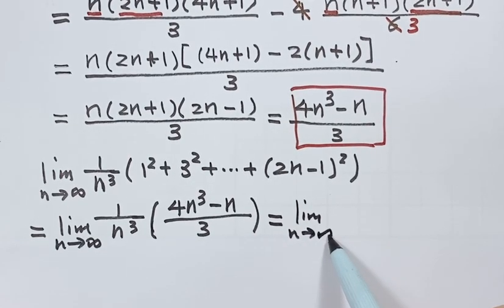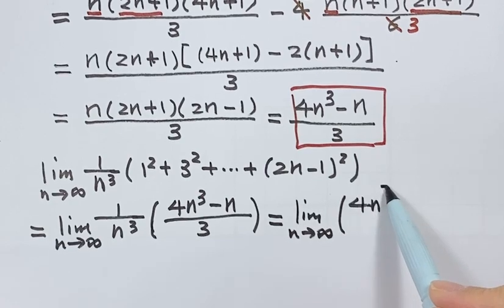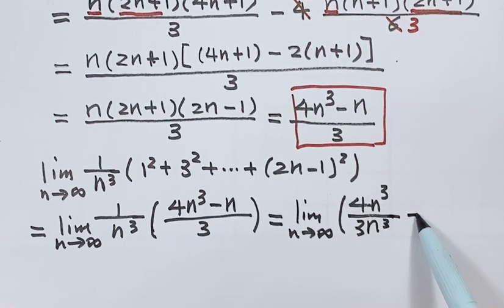Then we have the first one, 4n to the third divided by 3 times n to the third, then minus the second one, n, over 3 times n to the third.